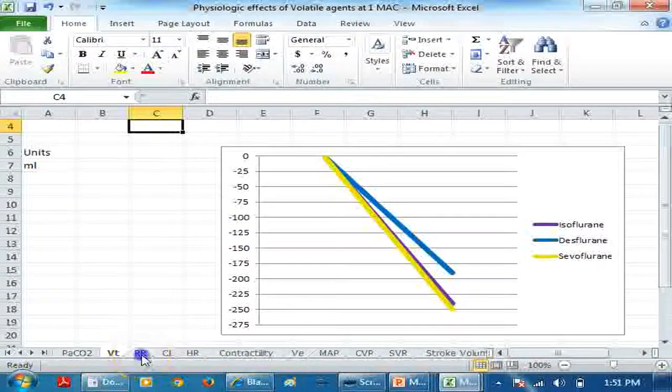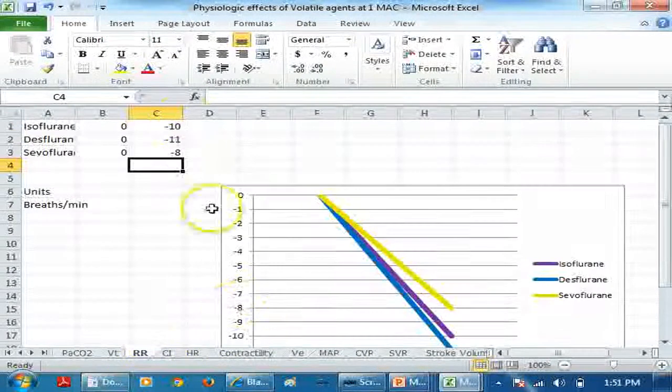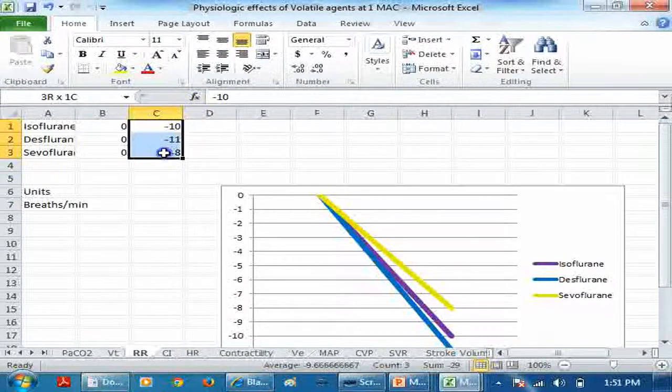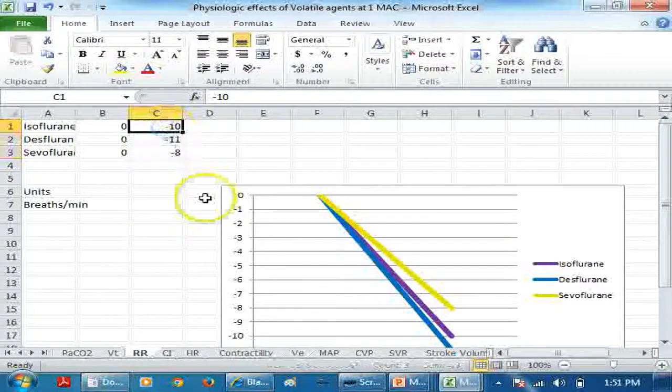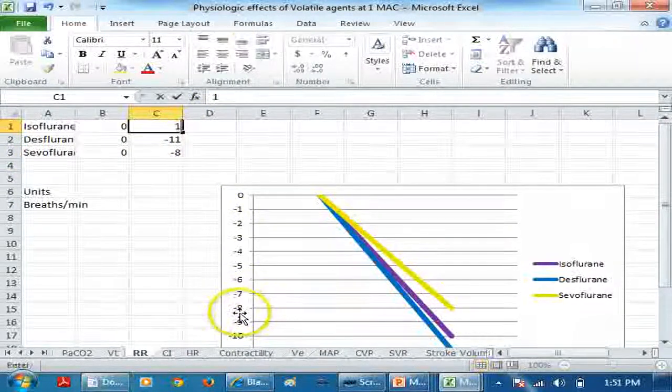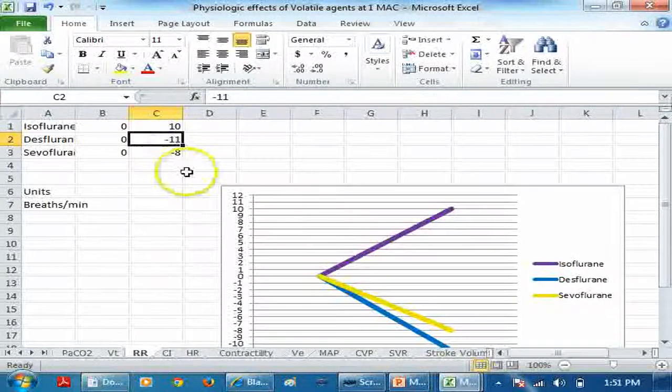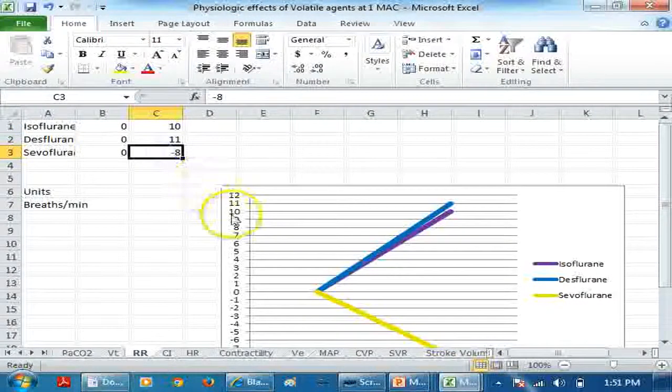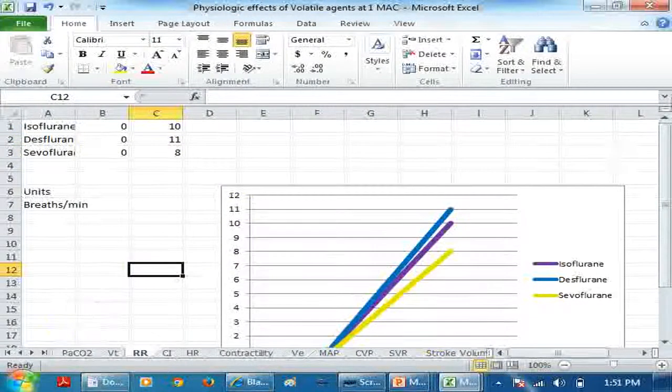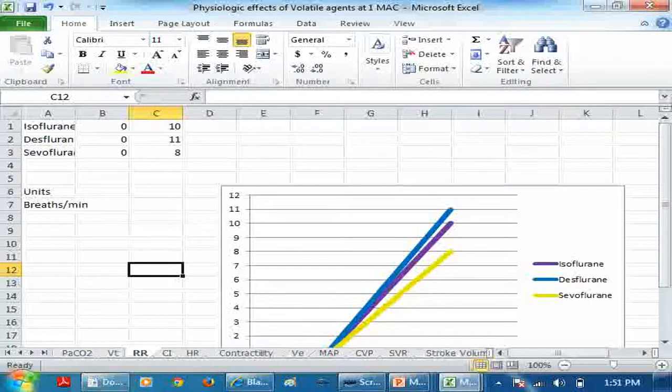Now, what about respiratory rate? This should actually be reversed. So respiratory rate's actually going to go up in a spontaneously ventilating patient at 1 Mac.